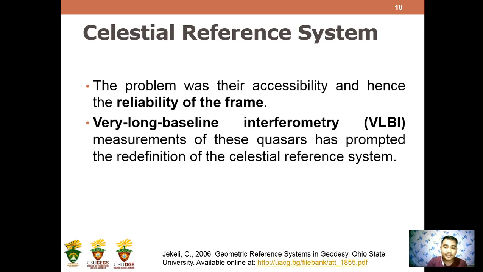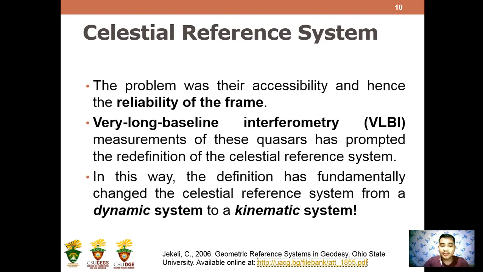Before, it was just a hint, but now we have this new measurement technique for calculating the location on the earth. In this way, the definition has fundamentally changed the celestial reference system from a dynamic system to a kinematic system.